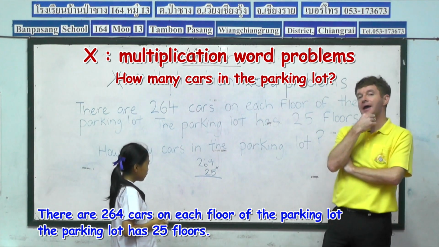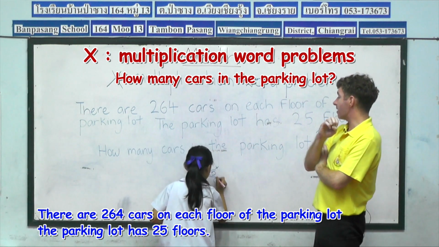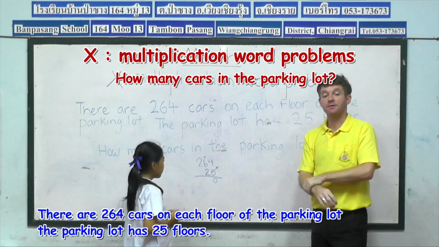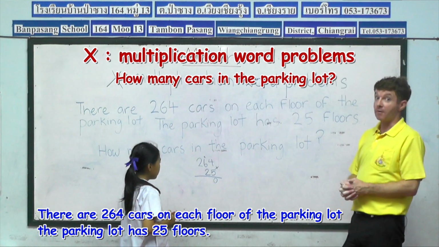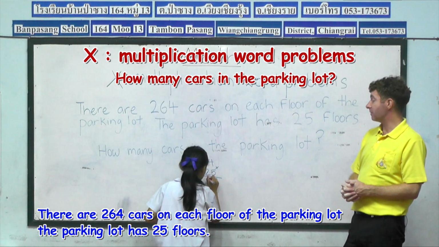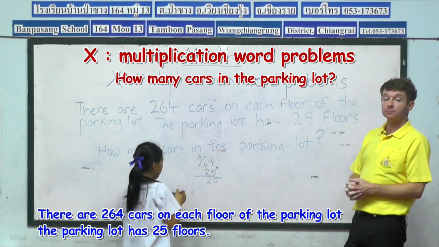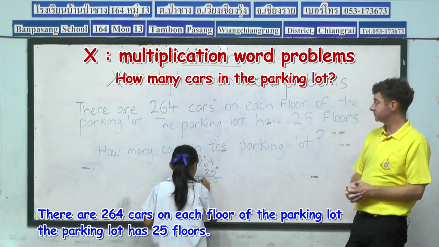So 5 times 4 equals 20. 0, carry 2. 5 times 6. Correct. So we can write the 2, carry the 3. 5 times 2 equals 10. 13.